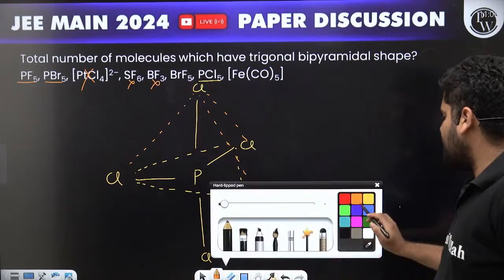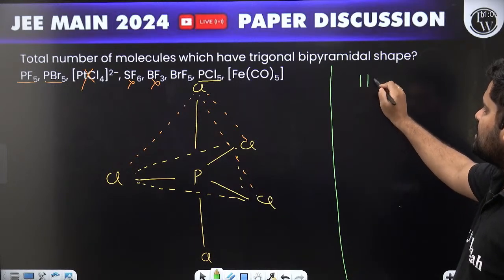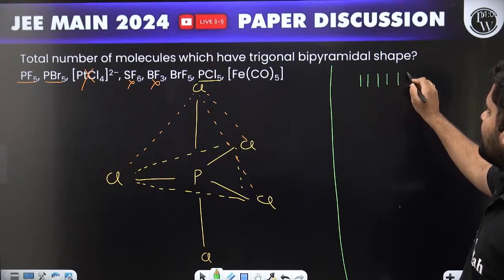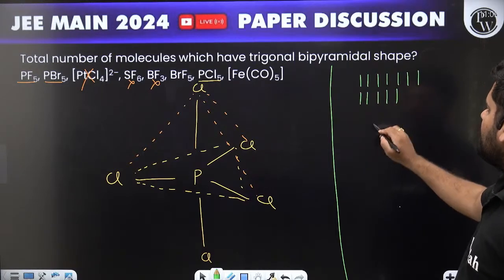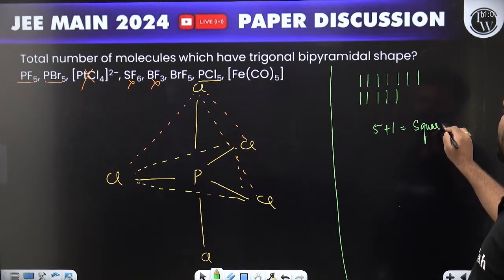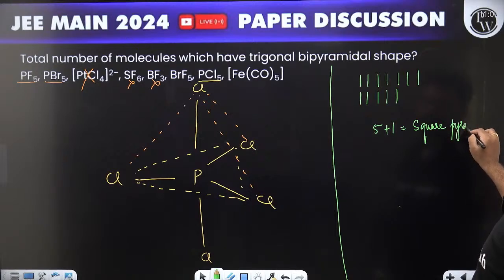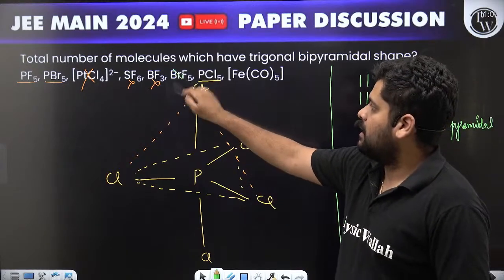And then we have BrF5. Look at bromine. There are 7 outer electrons: 4, 5, 6, 7. Okay. Now 5 fluorines: 1, 2, 3, 4, 5. We have a 5 plus 1 arrangement. This is going to be square pyramidal geometry. So we are not going to consider this in our answer, right?